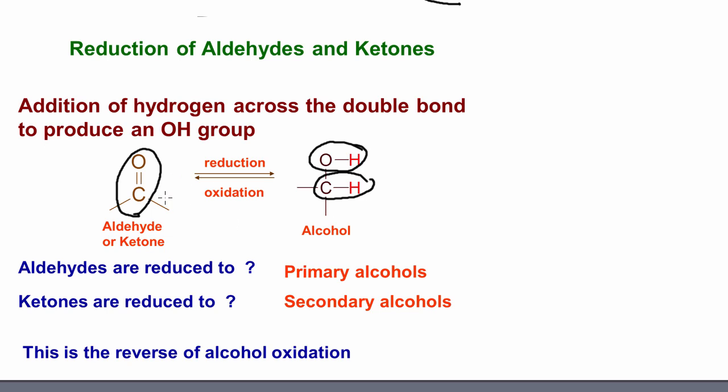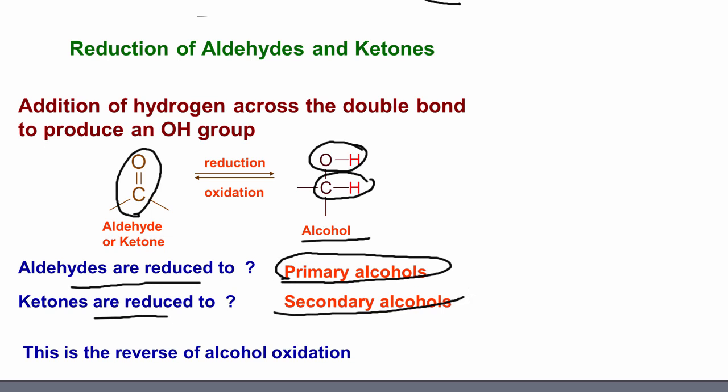So reduction of an aldehyde or a ketone is going to produce an alcohol. So aldehydes are reduced to primary alcohols, and ketones are reduced to secondary alcohols. Remember, this is the reverse of alcohol oxidation. So we already talked about that in the last chapter.